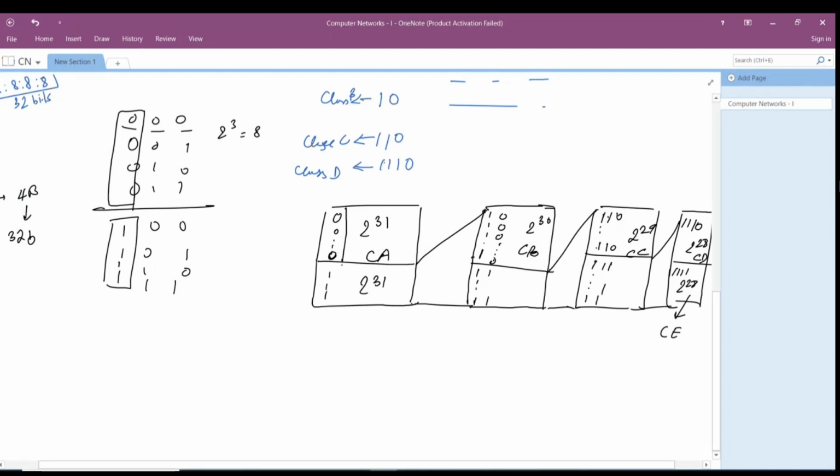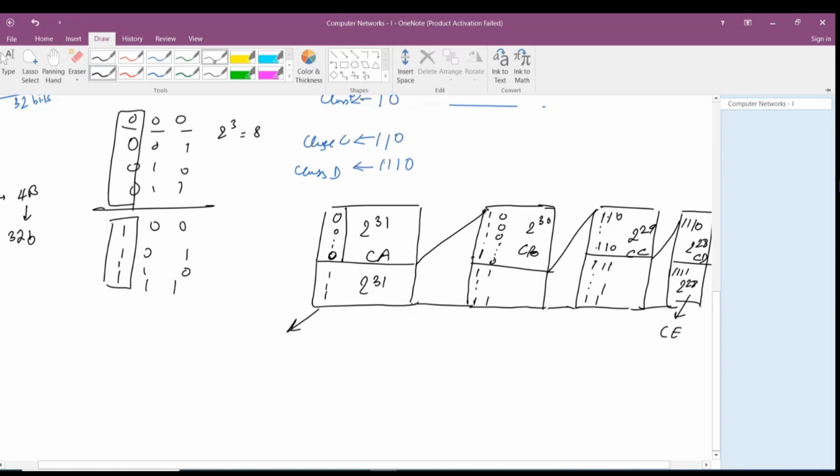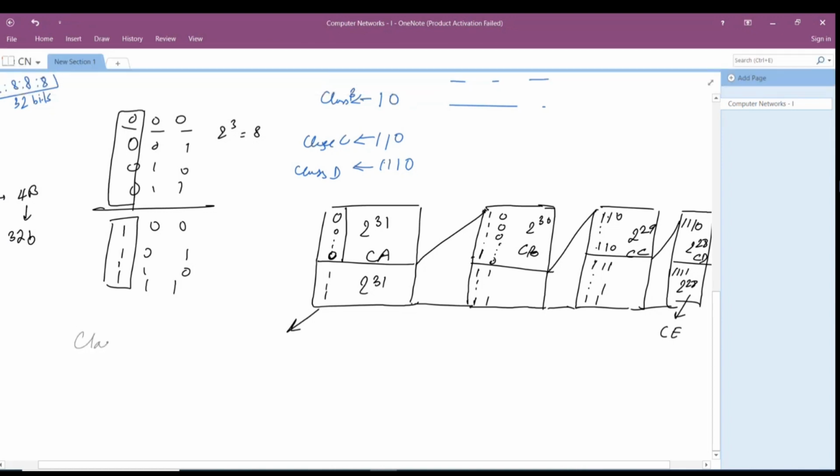Okay, so this is class A, then we have class B, class C, class D. Now, if you see the IP address of class A type, let me write class A. It has 32 bits.